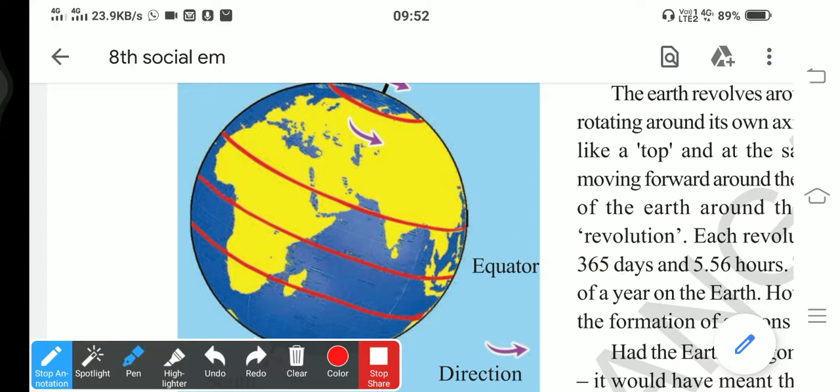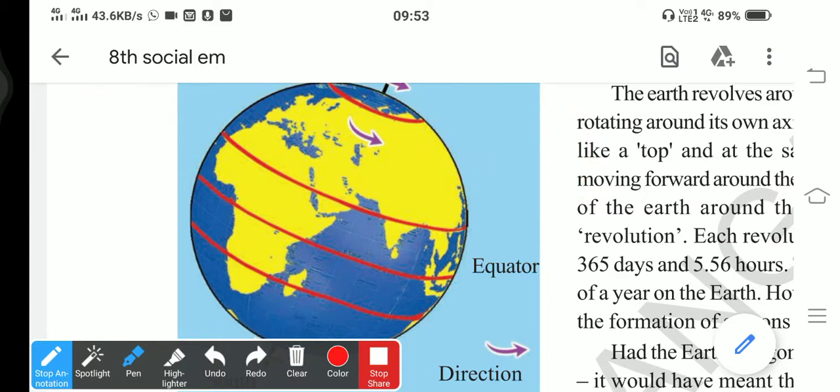That means to complete one rotation around the earth's axis, this axis, the earth takes 24 hours, dear students.